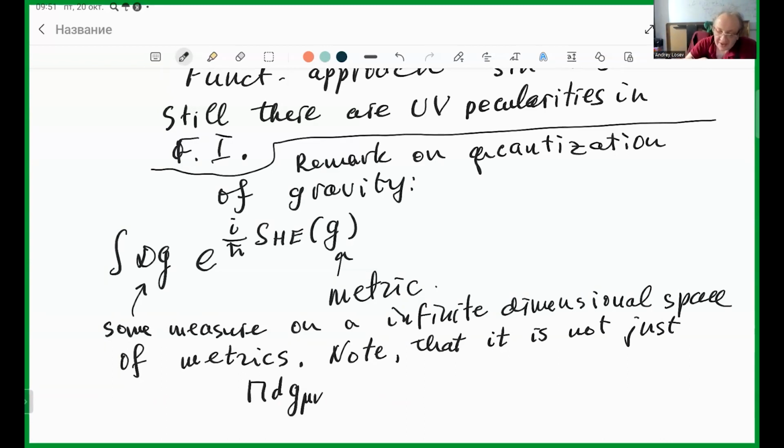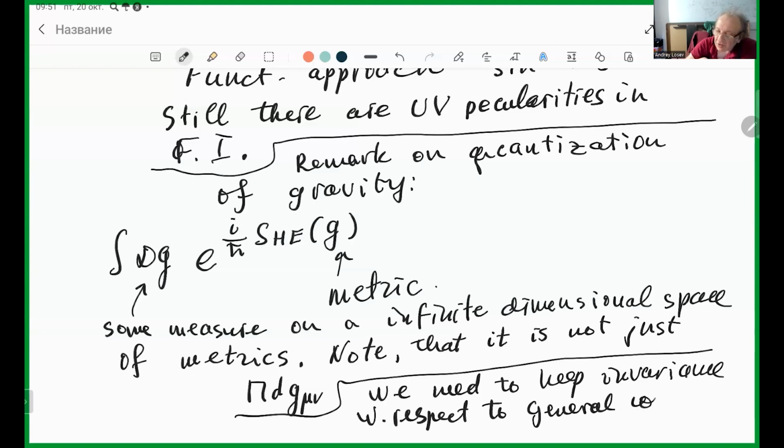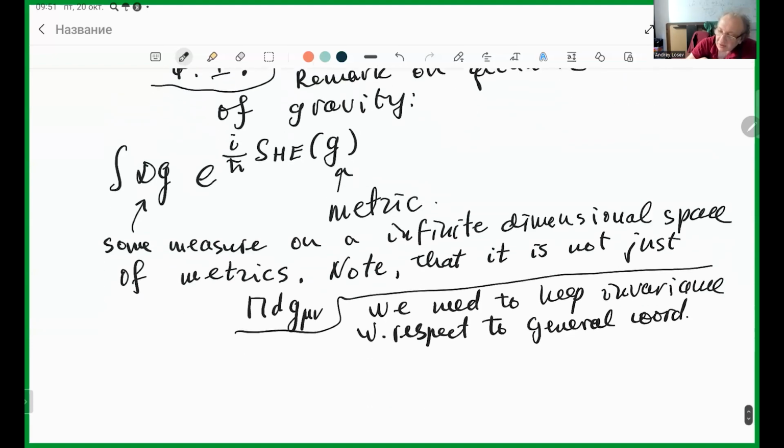Let me explain why it is not just this product. We need to keep invariance with respect to general coordinate transformations.